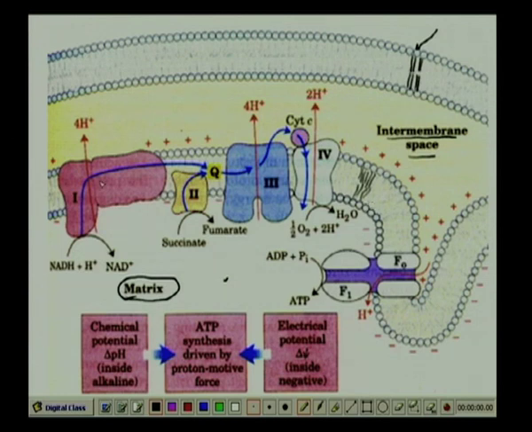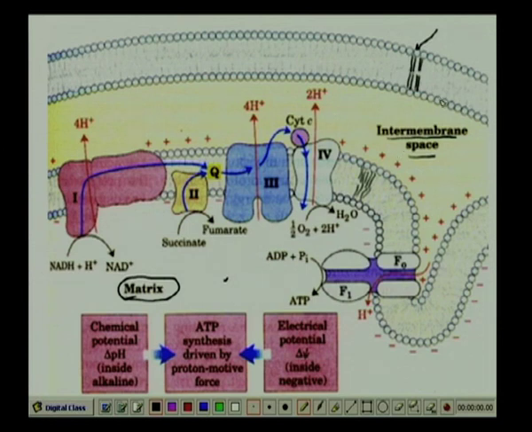So, the inner mitochondrial membrane has different pH values on either side, which means that there is a delta pH which gives a chemical potential. Fine. We also have an electrical potential due to the charge difference at both ends, the matrix and the intermembrane space.